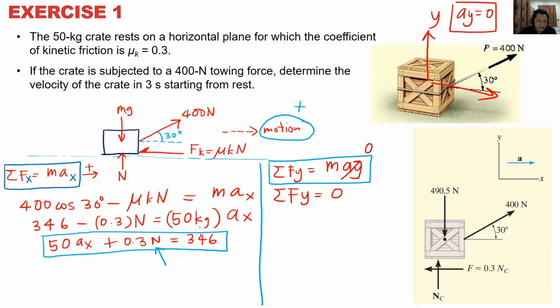Now you just have to analyze all the forces in the y direction. You've got normal going up, minus mg going down, and you have the 400 component going up, so it's positive.